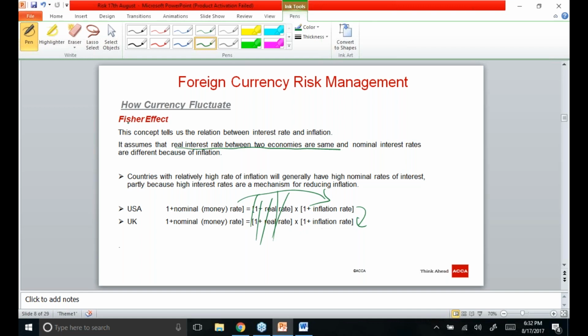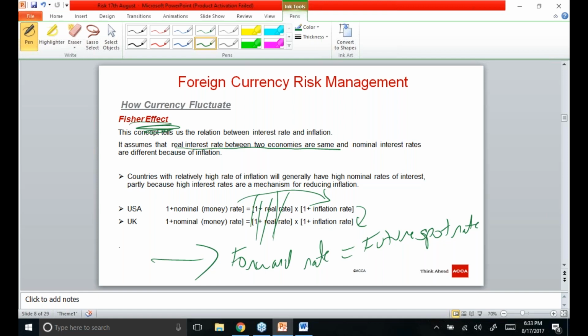So in both scenarios, if the Fisher effect holds true, the rate predicted by interest rate parity and the rate predicted by purchasing power parity should be equal, because the Fisher effect assumes the real interest rate between two economies is the same and nominal interest rates are different because of inflation.